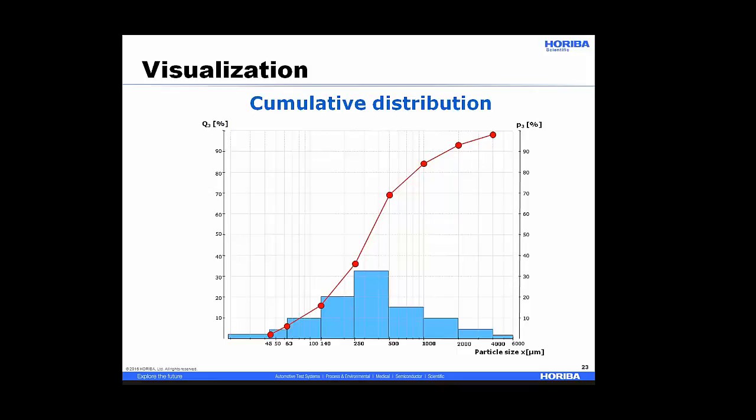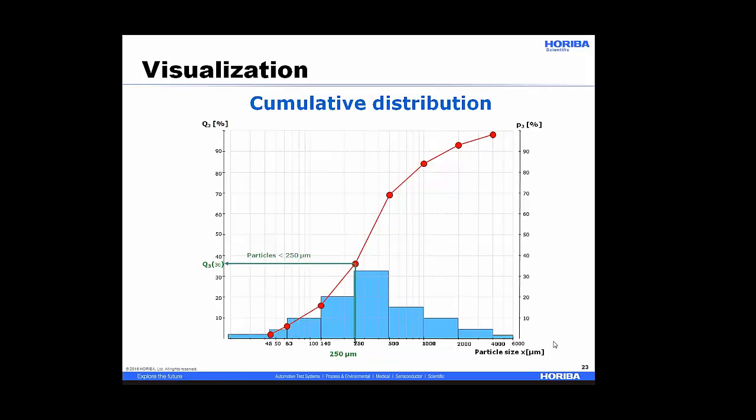I can find my modal size value, if you wish. Now notice that these bars are quite fat, and I'll mention that later on, but there's a pretty hard limit in the number of pans you can put on a sieve stack before things get unwieldy. In this case, it's 1, 2, 3, 4, 5, 6, 7, 8, 9.